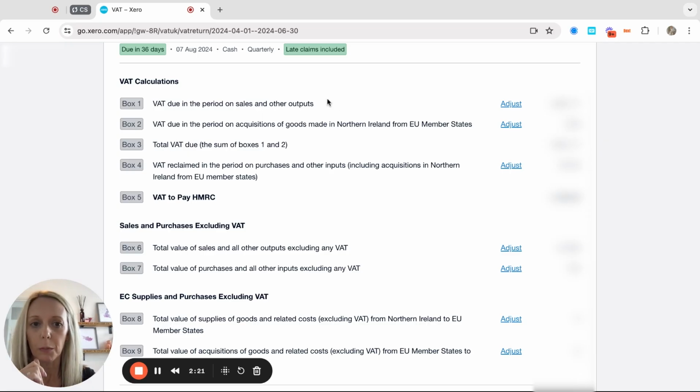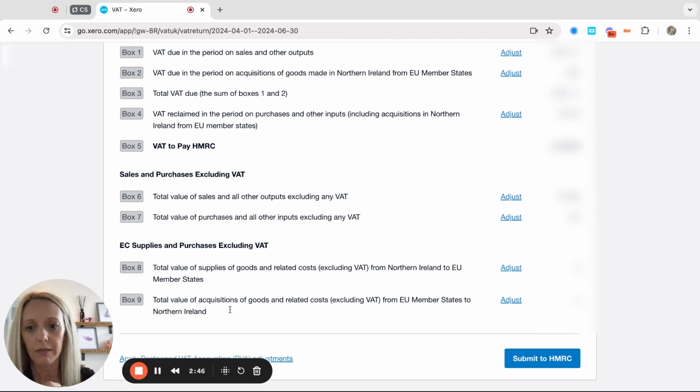Total VAT due is boxes 1 and 2 added together. And then VAT reclaimed is the VAT that you're able to reclaim on any purchases that you make. Then you've got the total of box 3 less box 4 equals box 5, which is the amount due to be paid to HMRC, or for them to refund to you if it's a minus figure.